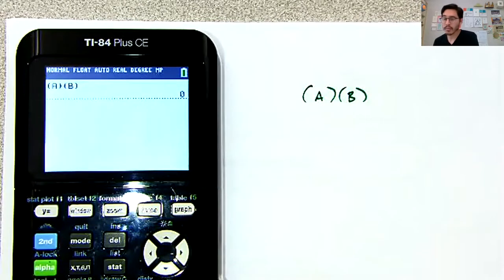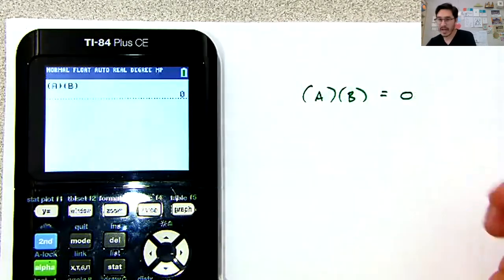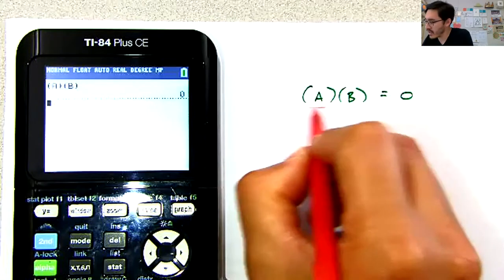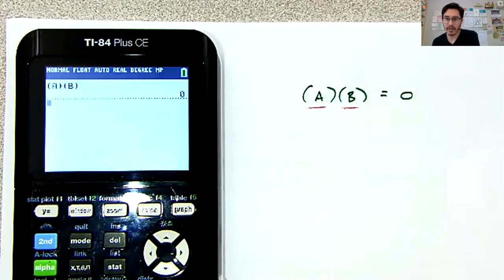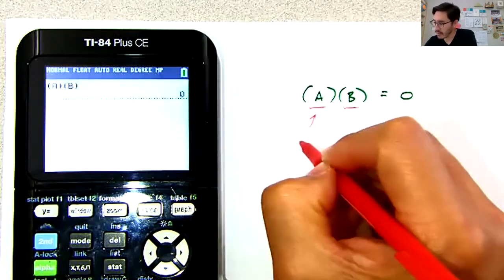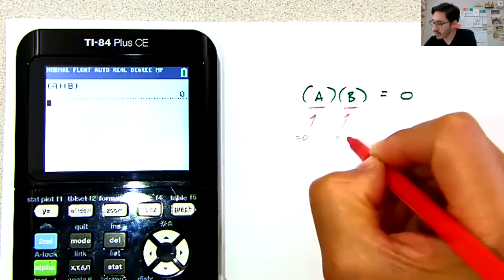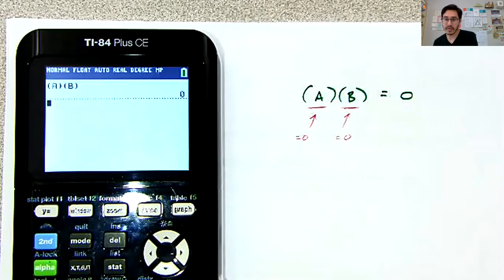We know that when we multiply these two numbers, we get a product of 0. There's really only one way that can happen: if one of my two numbers is 0. Maybe my first number is equal to 0, or maybe my second number is equal to 0, or maybe both are 0.